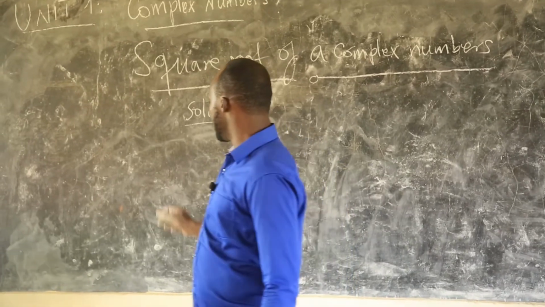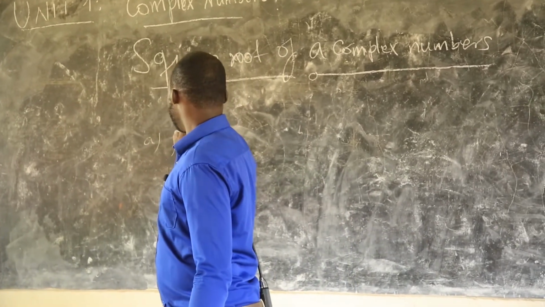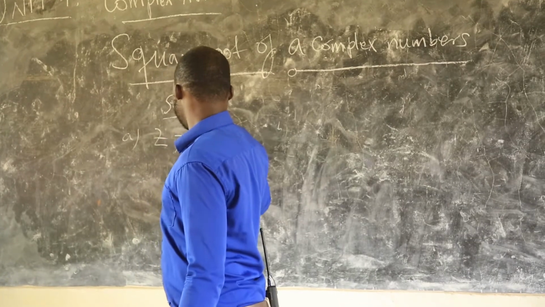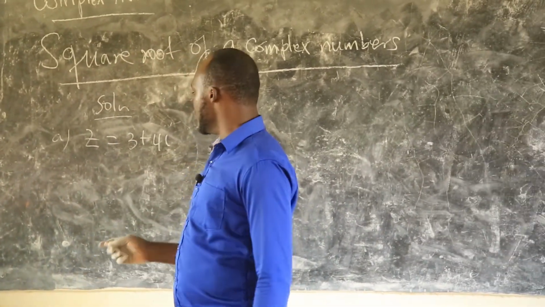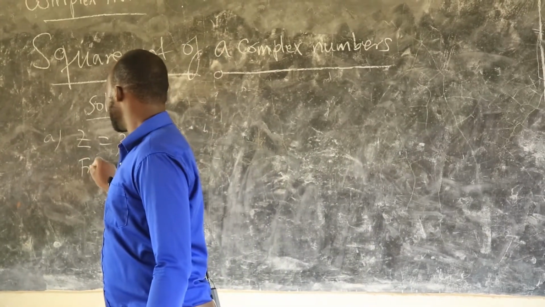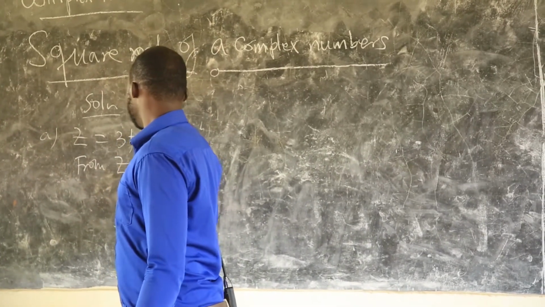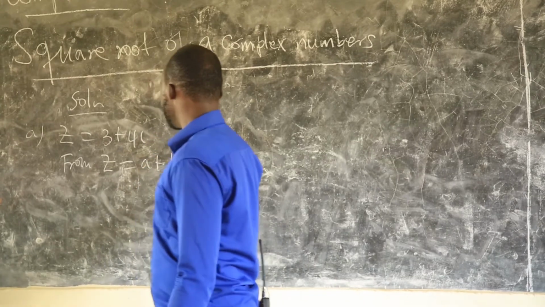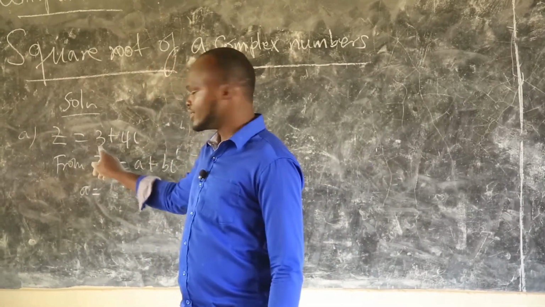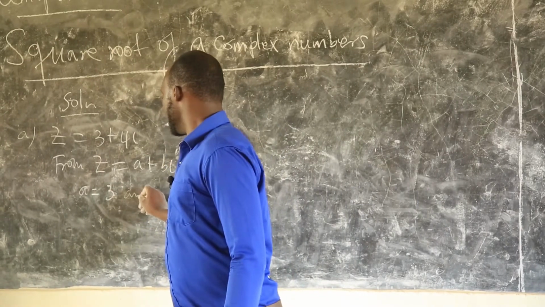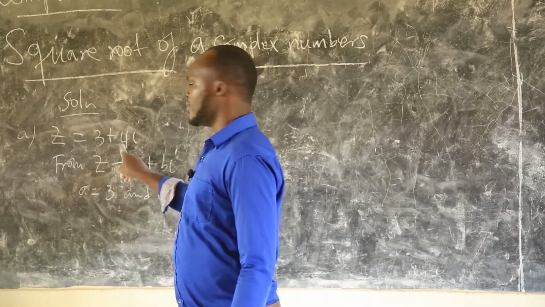Now, example A, we have z equal to 3 plus 4i. We're going to find square root of this one. Meaning that from z equal to a plus bi, a will be 3 and b will be 4.